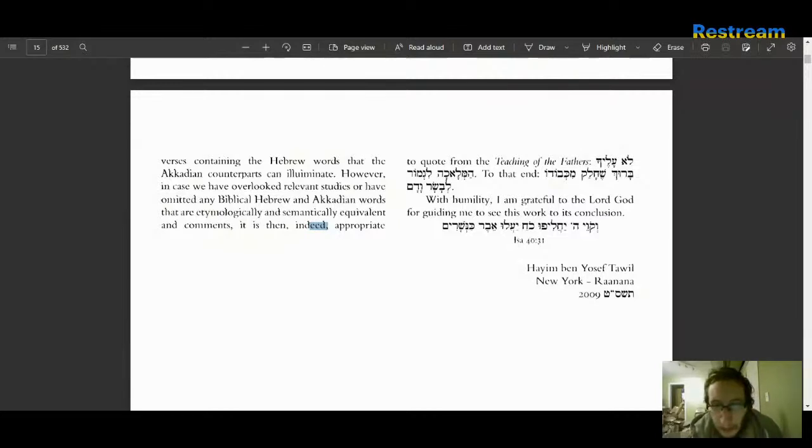I believe that's a rabbinic writing, Pirkei Avot. I'm not exactly sure the correct translation for this because it's a different type of Hebrew, I think.